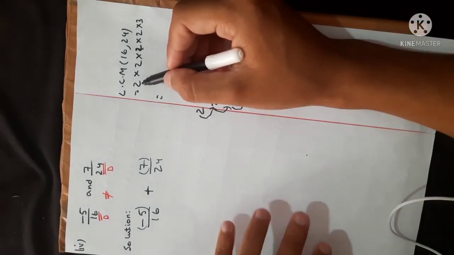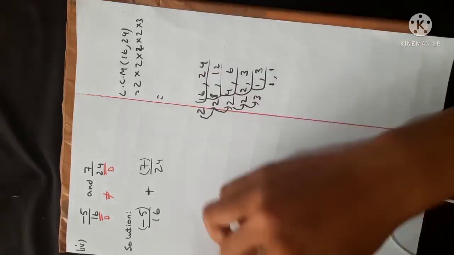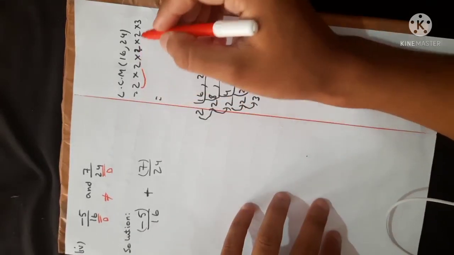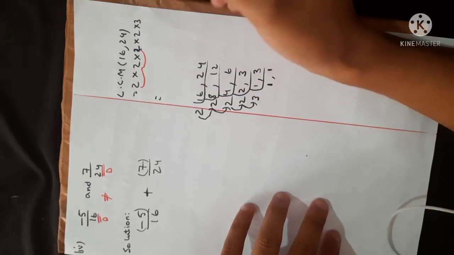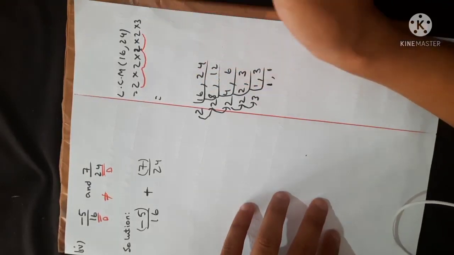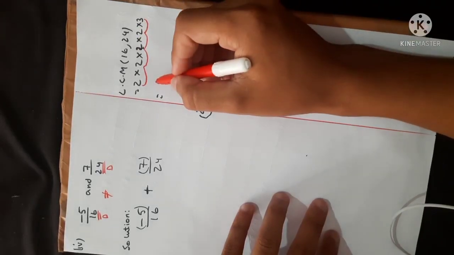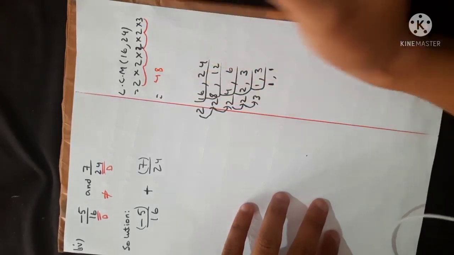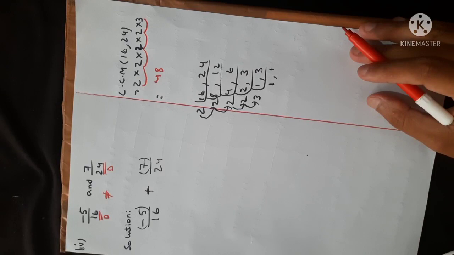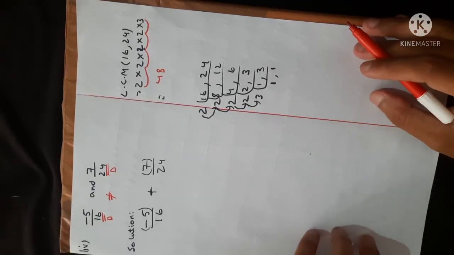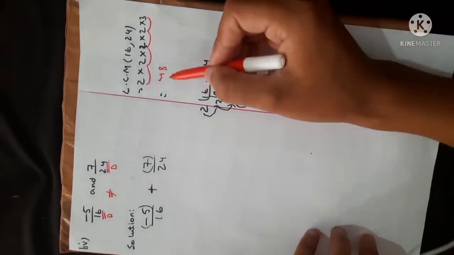So 2 multiply 2 equals 4. 4 multiply 2 equals 8. 8 multiply 2 equals 16. And 16 multiply 3 equals 48. So the LCM is 48.